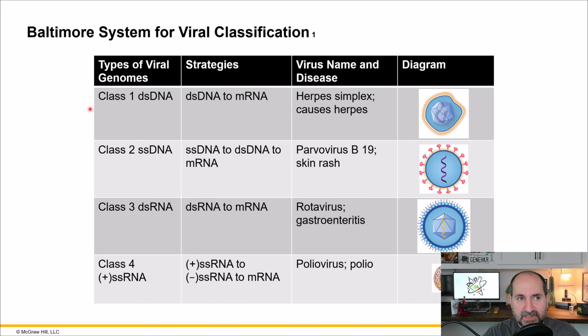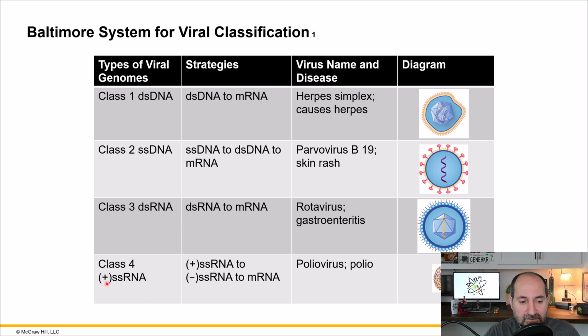Remember that the Baltimore system for viral classification categorizes the different types of viruses based on their genome. Class 1 viruses have double-strand DNA, class 2 have single-strand DNA, class 3 have double-strand RNA, class 4 have the positive sense single-strand RNA, which can be readily converted into protein.